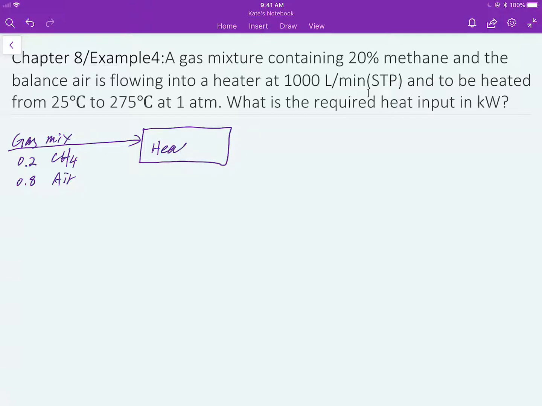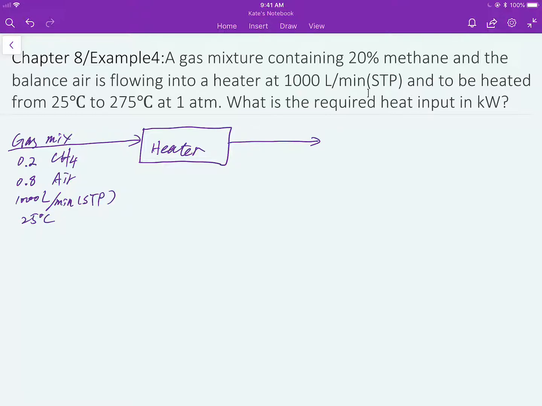Because in the heater there's no reaction going on between the gas species, there's no need to break down the composition of air. Then just consider air as one species. Volumetric flow rate is 1,000 liters per minute, and this is standard temperature pressure condition.